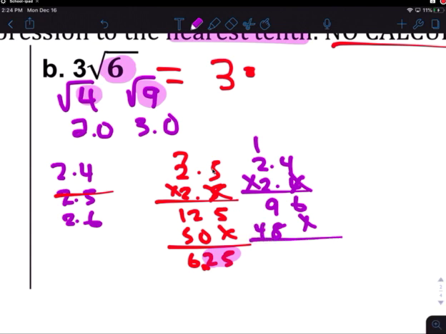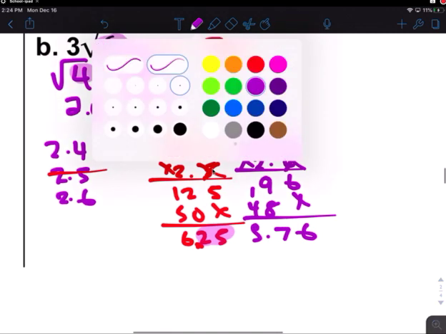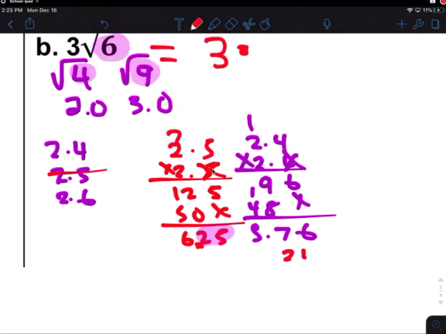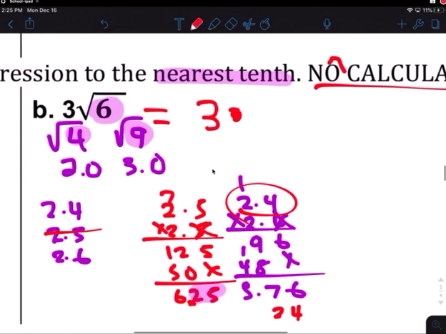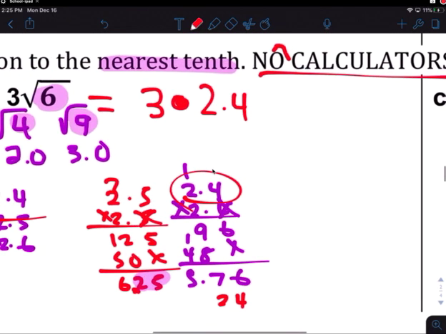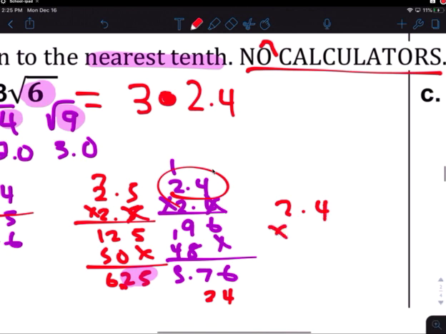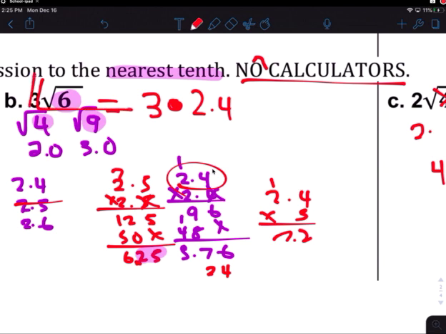You get 6, 17 carry 1, 5. So this is 5.76, 0.24 away. Hey, 2.4 is closer. So 3 times 2.4, 2.4 times 3, you get 12, carry, 7.2. So your answer for 3 times square root of 6 is 7.2.